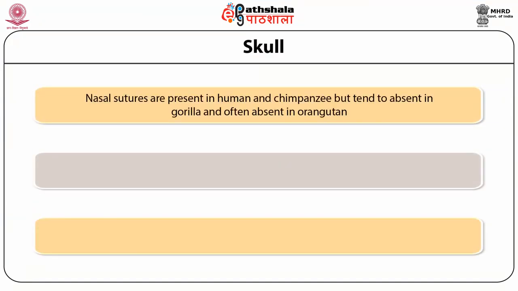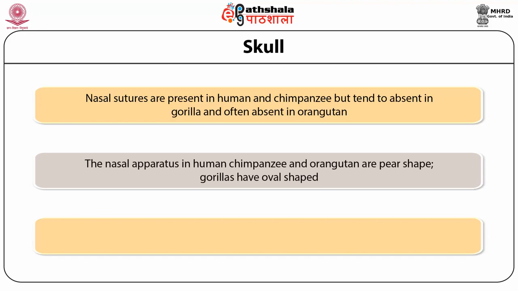Nasal sutures are present in humans and chimpanzees, but tend to be absent in the gorilla and often absent in the orangutan. The nasal aperture in humans is pear-shaped. It is so in the chimpanzee and orangutan, but the gorilla has an oval-shaped nasal aperture.